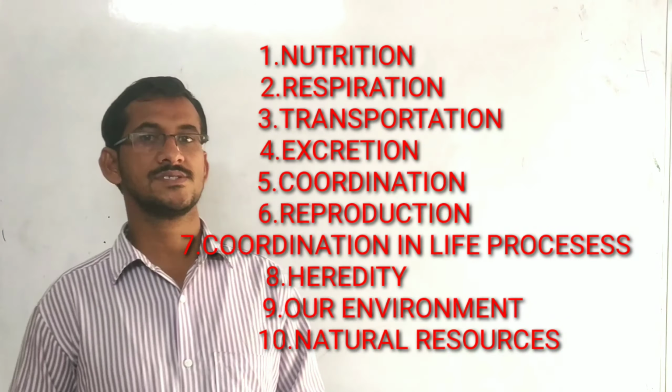Understood? Sometimes they'll ask the differences between light reaction and dark reaction. So you need to focus on the mechanism of photosynthesis, because 1 mark, 2 mark and 4 mark questions can be asked from it.